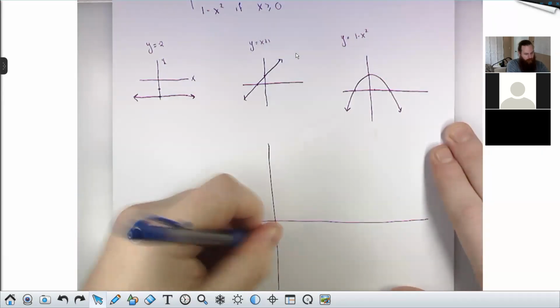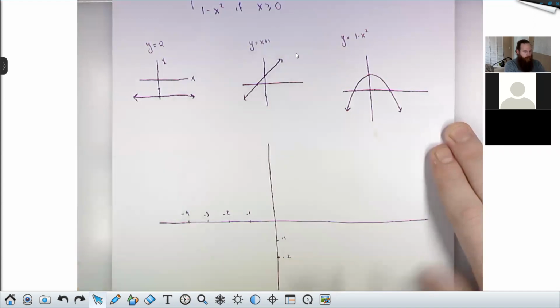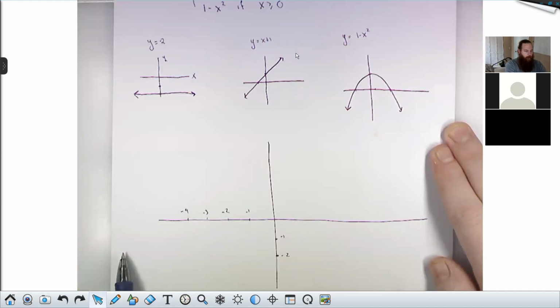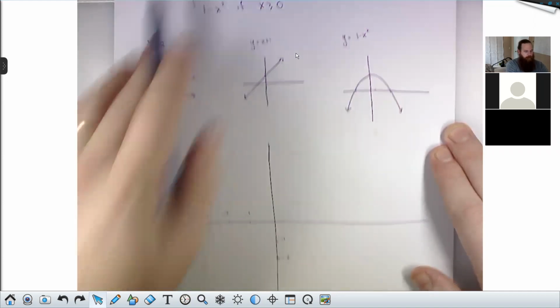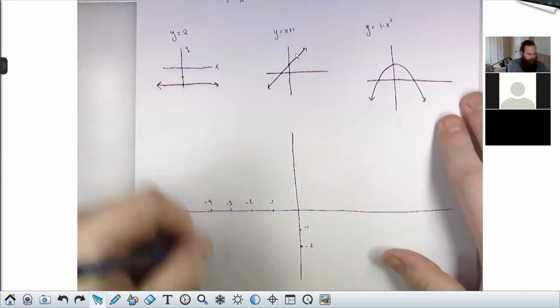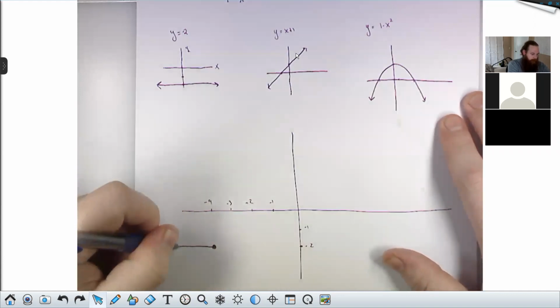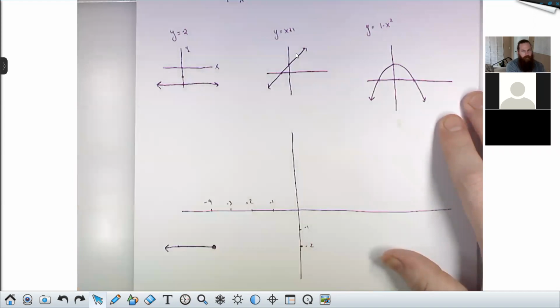I'll mark this as 1, 2. So the line y equals -2 would be the horizontal line running here. But my function only behaves like that if x is less than or equal to -4. So right here at -4, and everywhere to the left of that, f of x just looks like this.